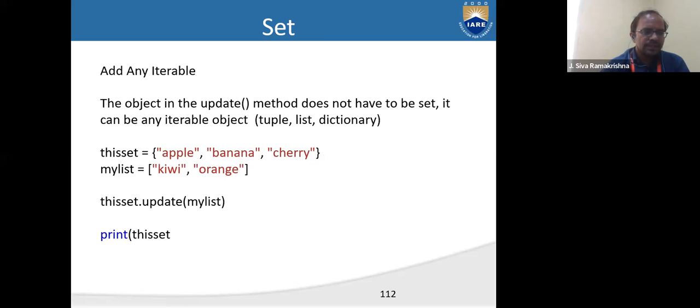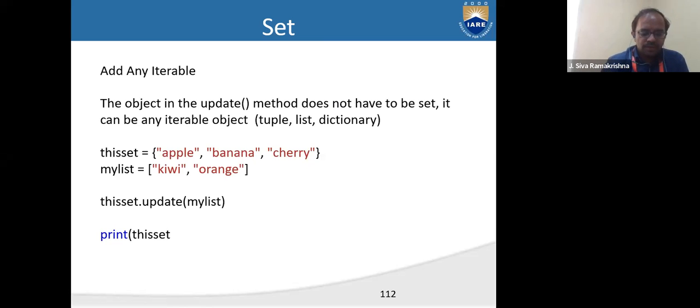So what is meant by iterable here? See here, the object in the update method does not have to be a set. It can be any iterable object such as list, dictionary, or tuple.